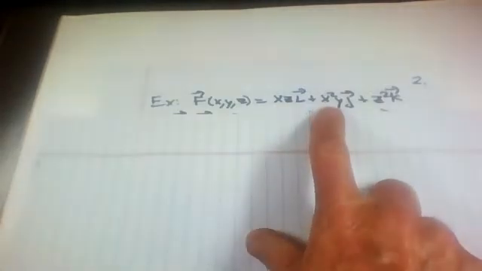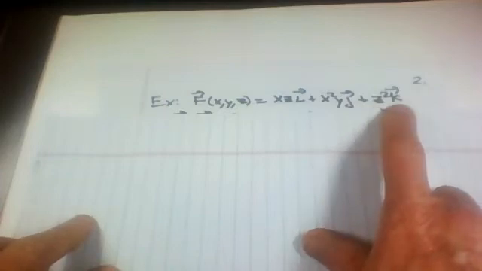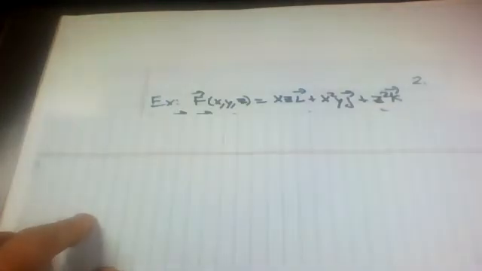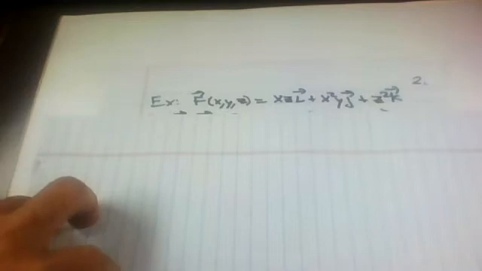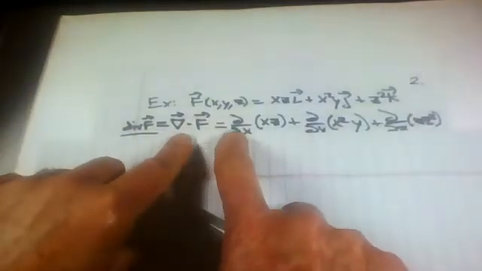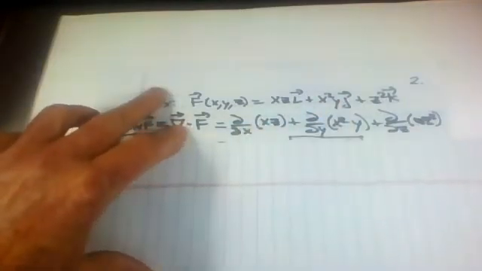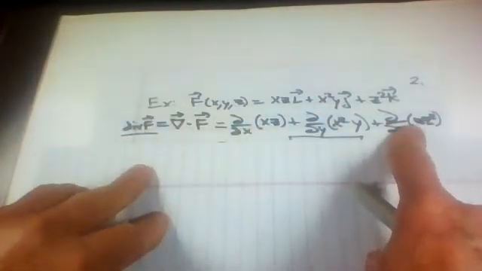The second component, x squared y, goes in the j direction, and z squared gives you the component in the k direction. So you put in a point x, y, z in 3 space and get out a vector. That's the vector field there. I wonder what its divergence is. Well, you just take del dot f, which is d dx of the first component plus d dy of the second component plus d dz of the third component. It's just generalized to 3 components.